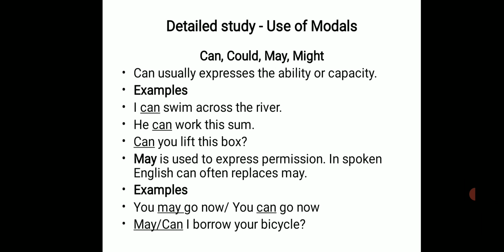Look at some more examples. You may go now. You can go now. May I borrow your pen, a bicycle? So here in these cases it asks for permission, or even if they are changed into assertive, it means they give permission.